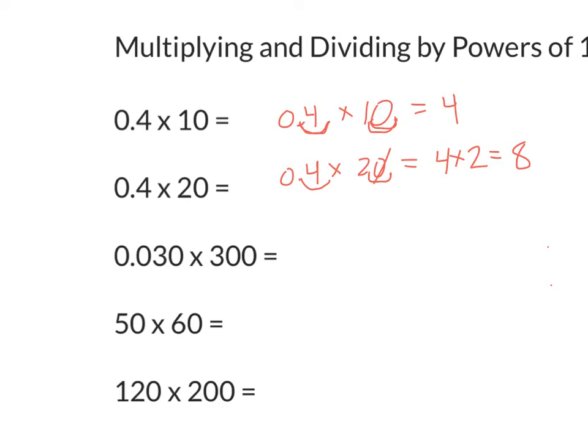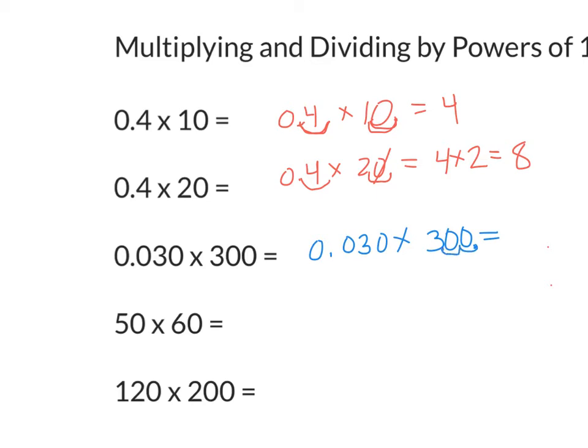Next we have, let's change colors, 0.03 times 300. Now, if we take the 300 number, we can get rid of these two zeros. We can move this decimal to the left 2.